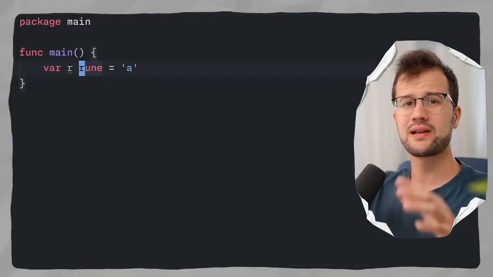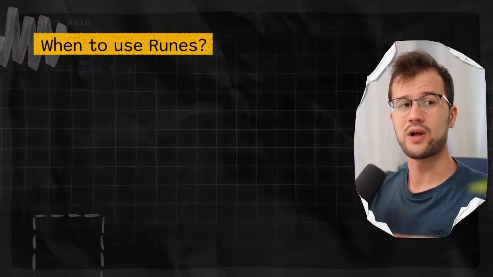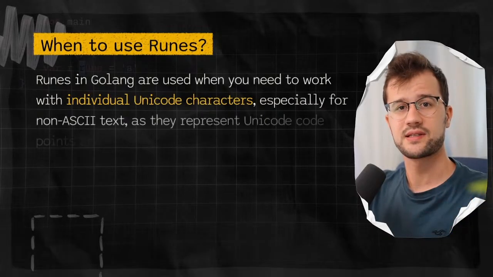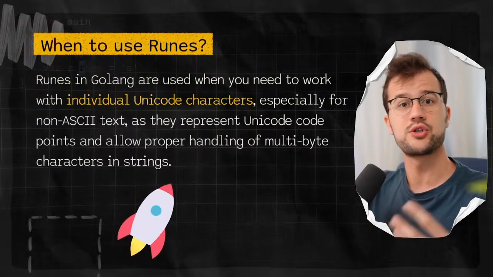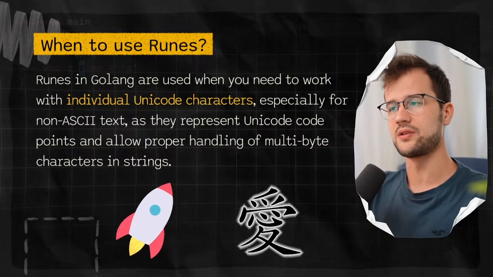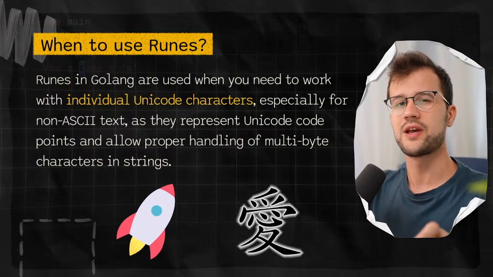Okay, let's quickly clarify here why and when would you ever use runes in Golang. Well, runes are especially important when you deal with non-English text, right? Or really special characters like emojis or the Chinese language, Mandarin for instance. And runes really come into play and are essential for displaying these kind of really special symbols.